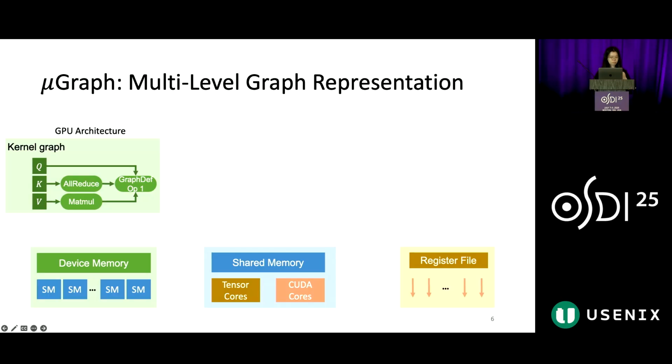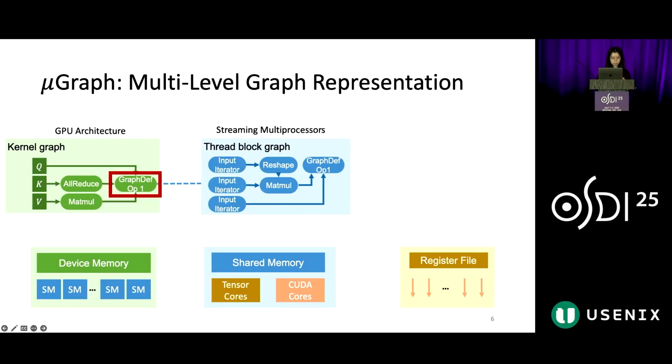The vertices can be standard tensor computations, such as matrix multiplication and all-reduce, which are supported by the vendor libraries. In addition, there is a special type of operator called graph-defined operator, which represents the customized kernels, whose computation is further defined by a lower-level graph, the thread block graph. In the thread block graph, what is different from the kernel graph is that we use vertices to represent the computation of a single SM, and the tensors are stored in the shared memory.